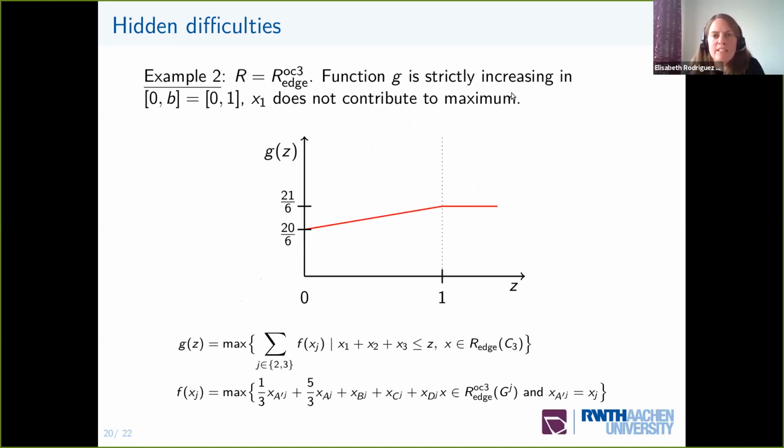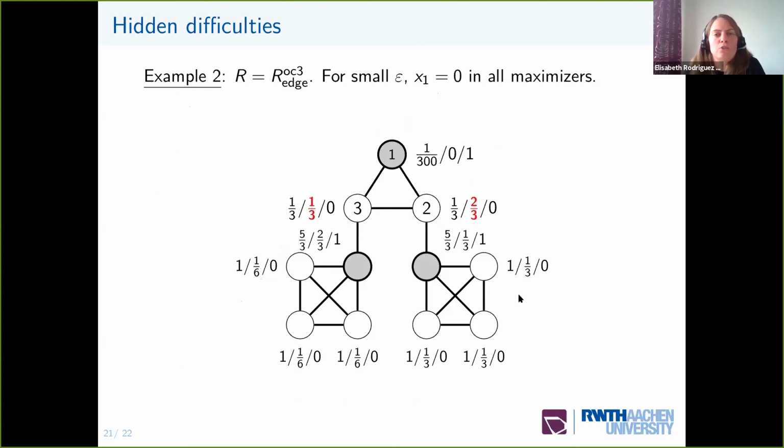It's strictly increasing up to the value of the right-hand side. And in particular, with the Sewell property, we see that x1 will not contribute to the maximum. So for small enough epsilon, we can construct another solution, which is a bit different than the one given by the G-out graphs, but which will still set node 1 to 0 on the relaxation.